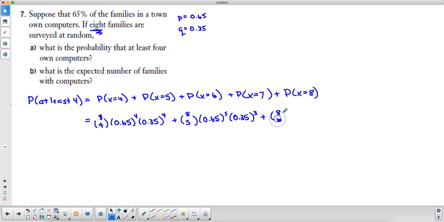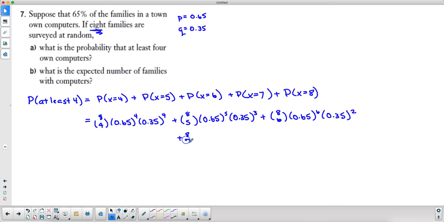plus 8 choose 6, 0.65 to the 6th, 0.35 to the 2. Remember, all of these exponents have to add to 8 because there's 8 choices. So we get 2 more.